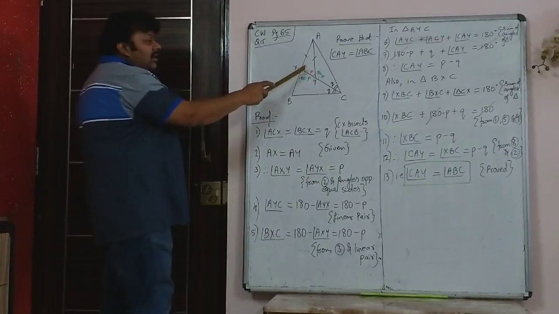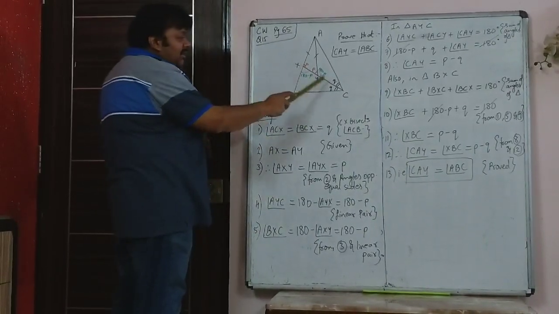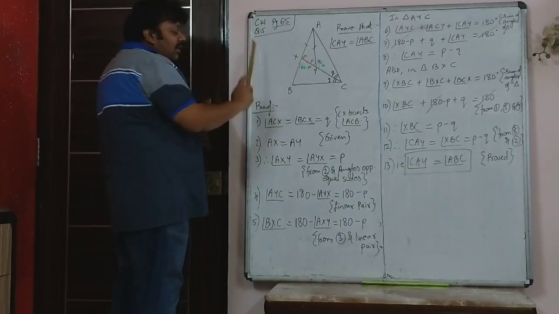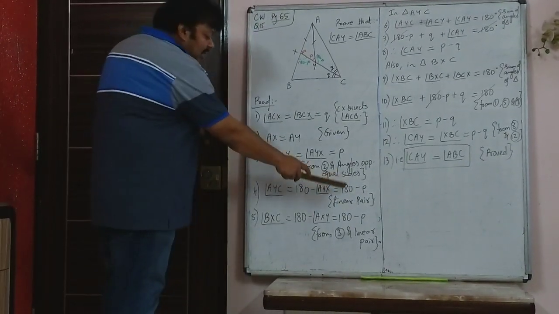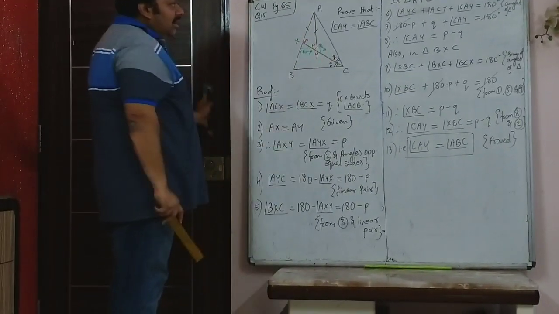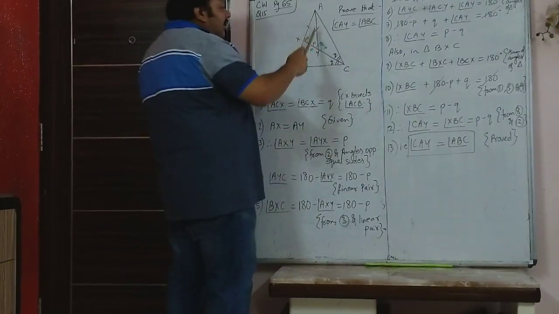Similarly, these two are linear pair. So we can say that angle BXC is 180 minus angle AXY. So that is 180 minus P. So you have got both these angles AYC and BXC are equal. But now we are taking this triangle first.